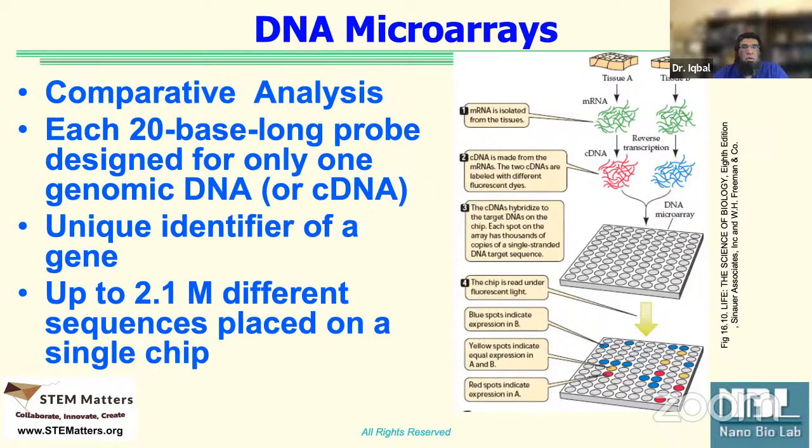So what we do, we are looking for the presence of specific nucleic acids. Now, nucleic acids, I'm generalizing, it can be DNA, it can be, like in this case, mRNA, which means we are looking at messenger RNA.